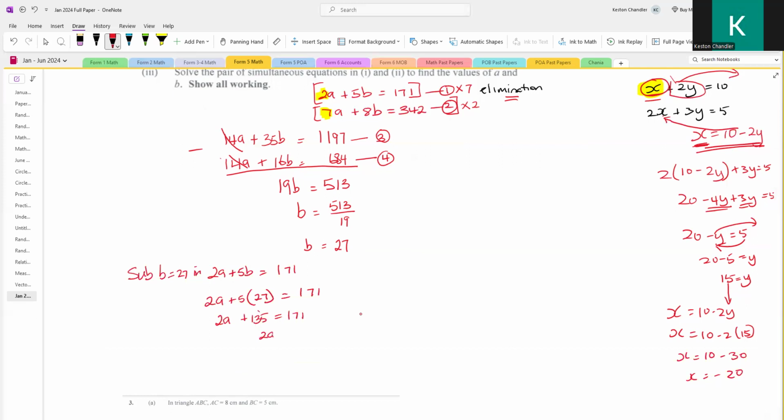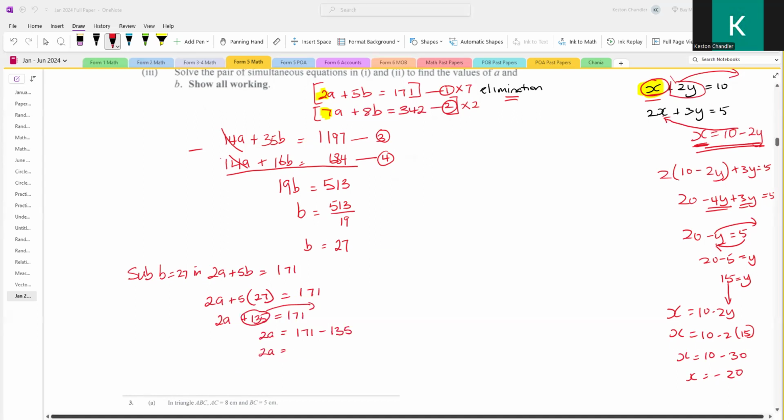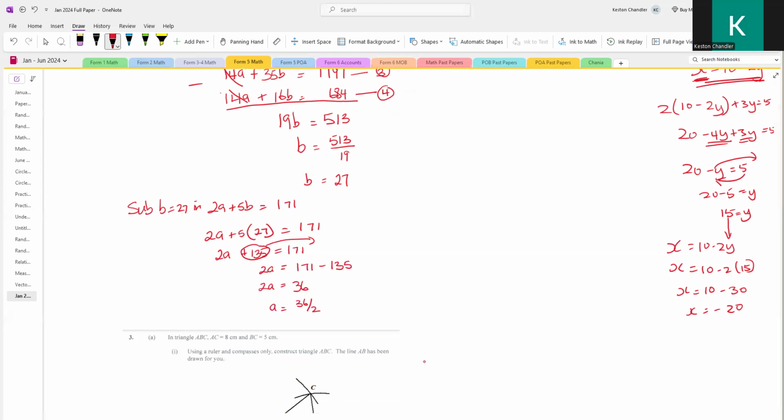So this 135, we're going to move across the equal sign. We get 171 minus 135. That's 36. So A is equal to 36 divided by 2. So A is equal to 18.